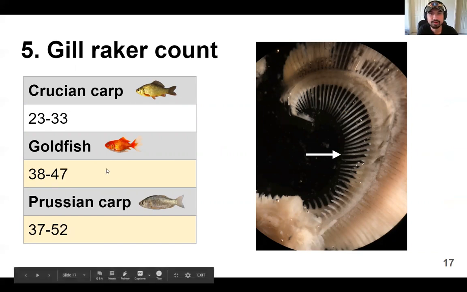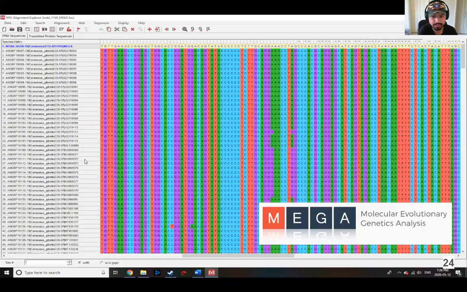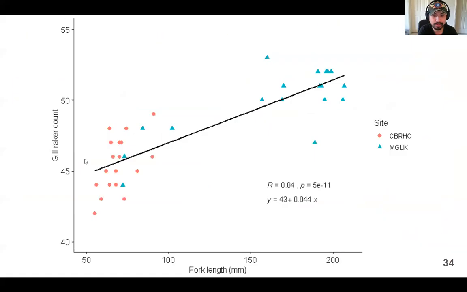Now, a few of our fish, particularly our small fish, had gill raker counts that were well within the range for goldfish. So this could raise the possibility that our small fish are actually goldfish, ignoring all of our other evidence.